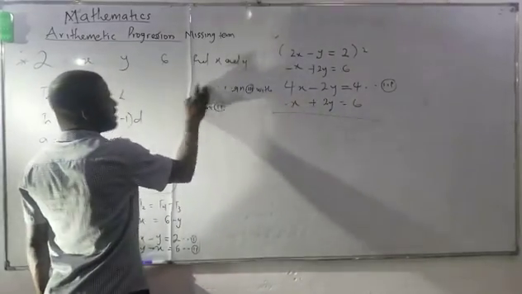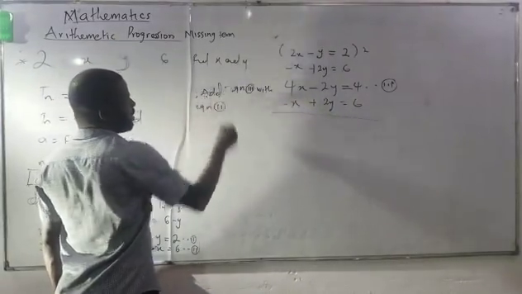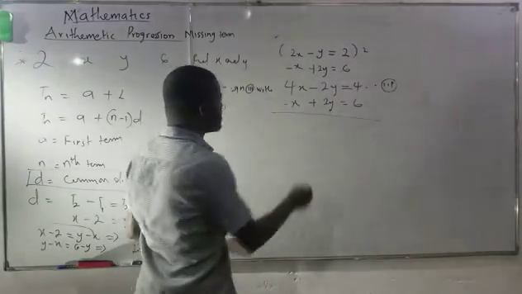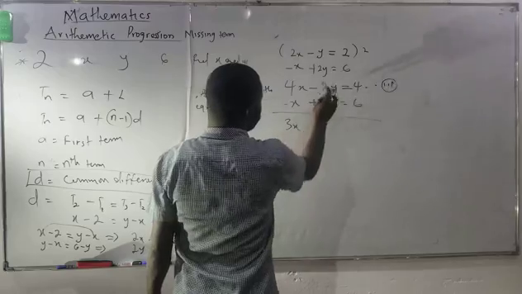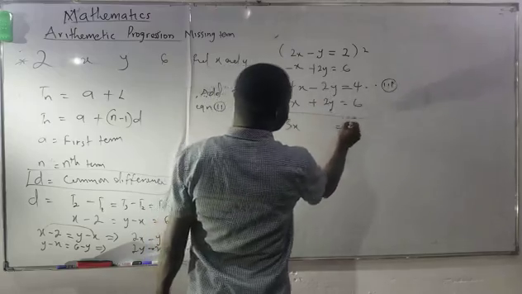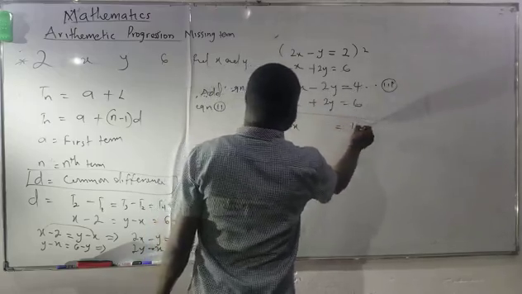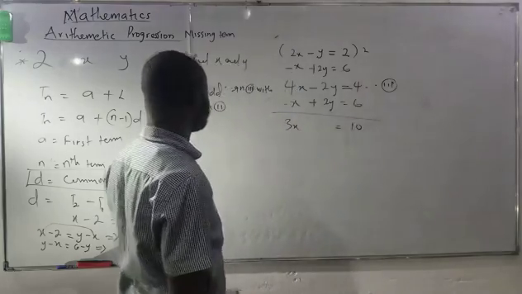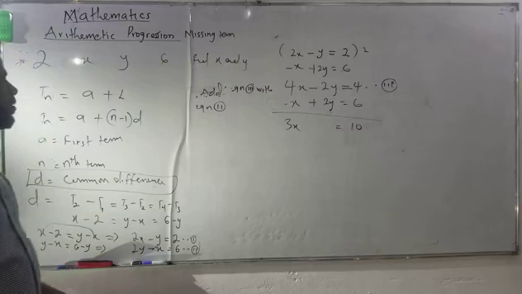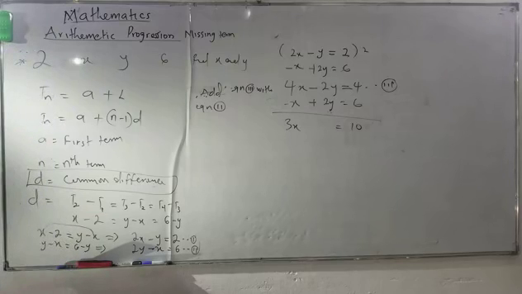So if I add this, it will be 3x, and if I add it, it will be 0, and it will be 10. Hope I'm not making a mistake.